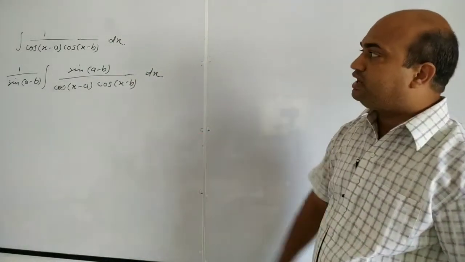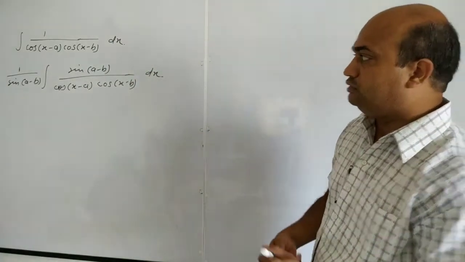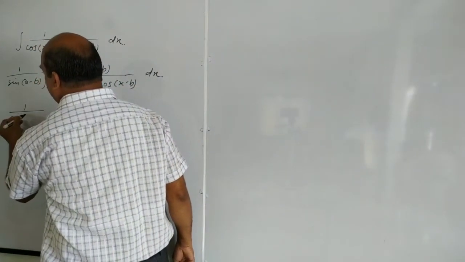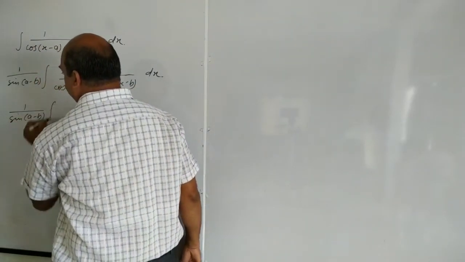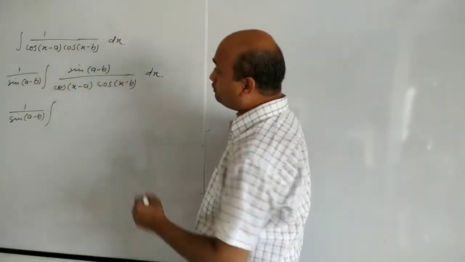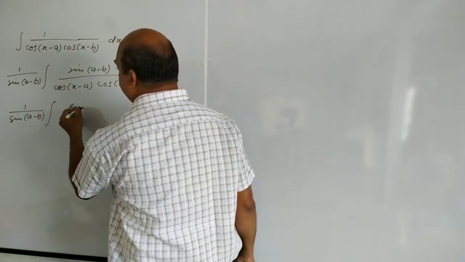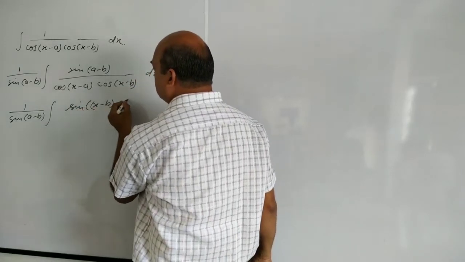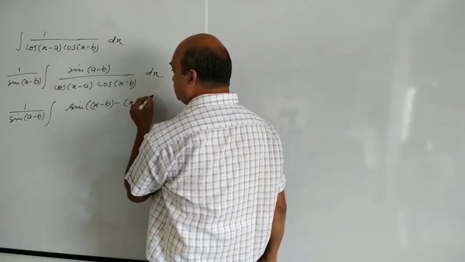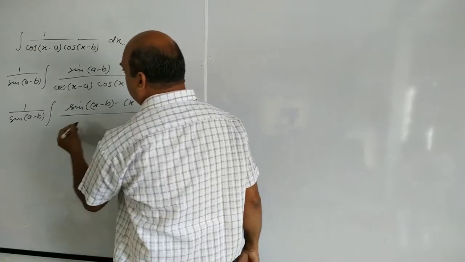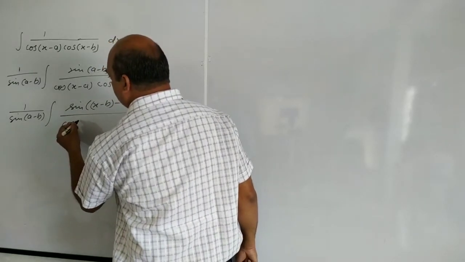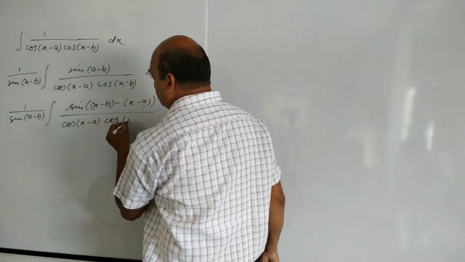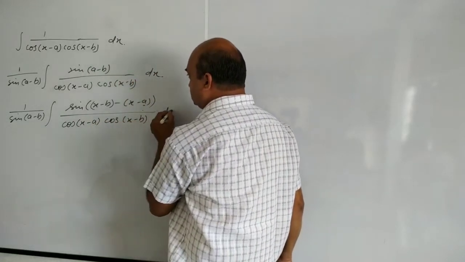Multiplied and divided by sin(a-b). This 1 upon sin(a-b) is the same, and here what do we do? We write as sin of (x-b) minus (x-a), and the denominator cos(x-a) into cos(x-b) dx. It is the same.